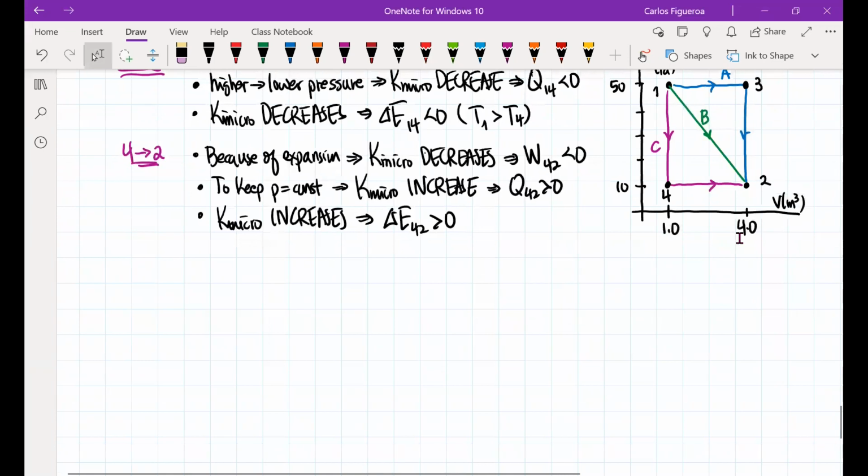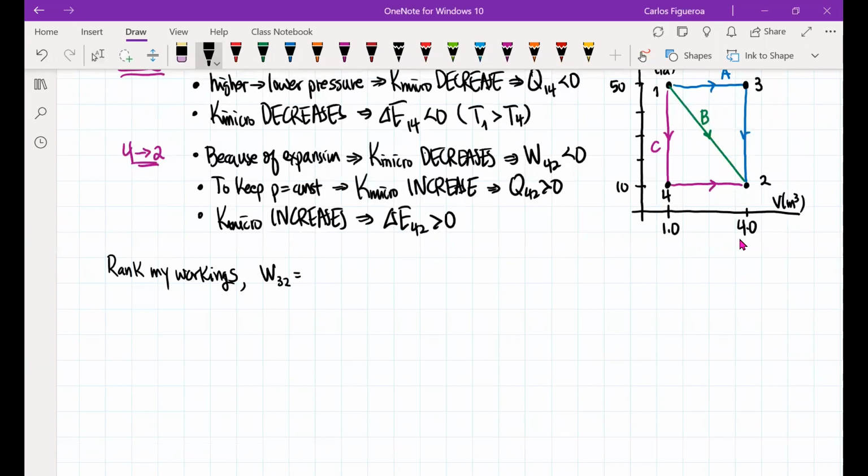So if I rank my workings here, I would say that the work from 3 to 2, which is also the work from 1 to 4, is 0. And those are going to be the greatest because the work from 4 to 2 is negative, but that's smaller than the work from 1 to 2, which is then even smaller than the work from 1 to 3.